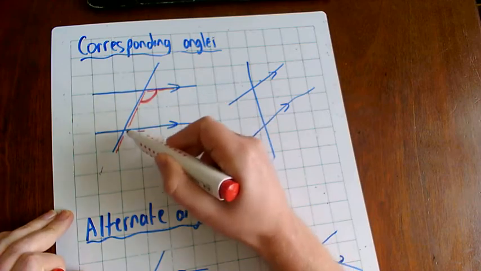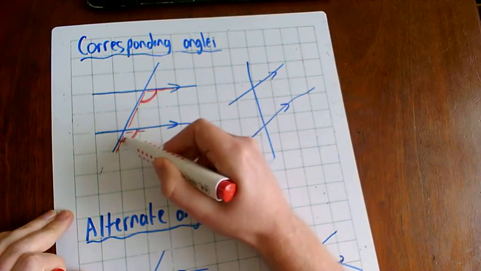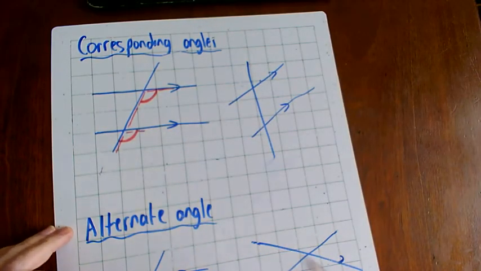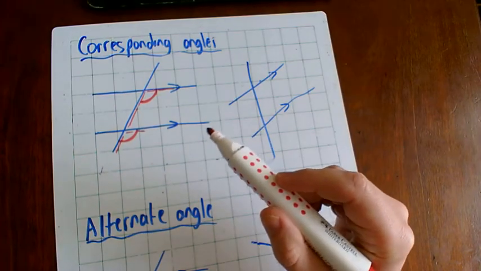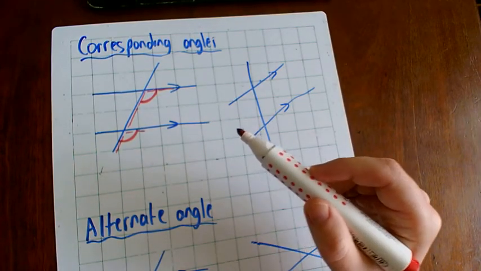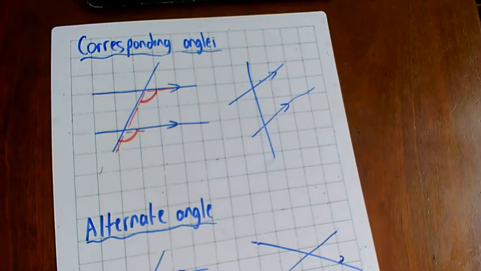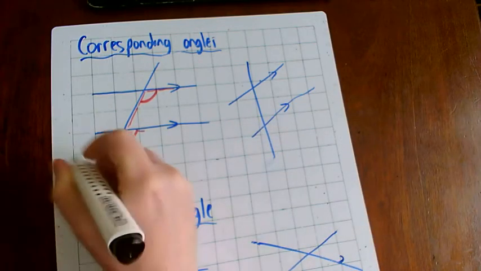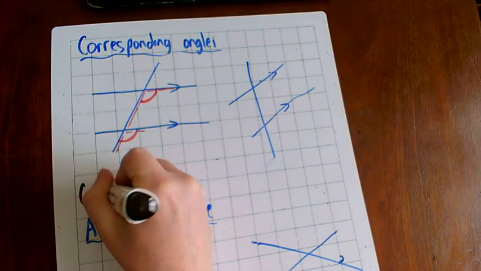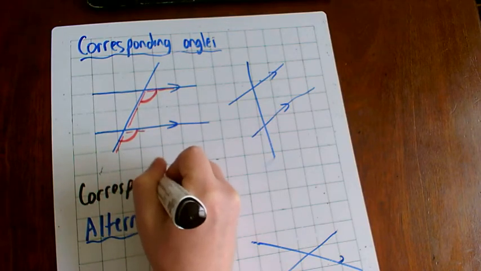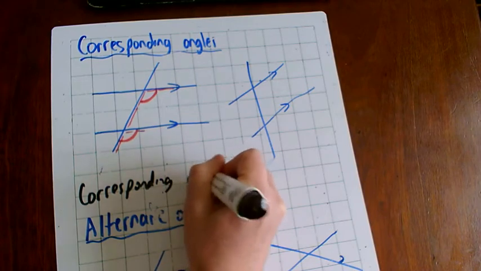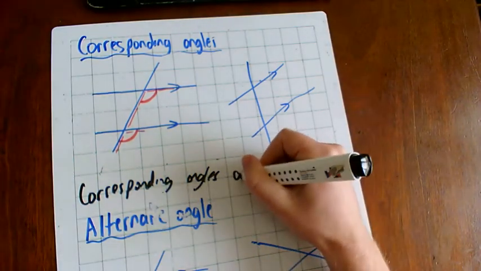This angle and this angle are the same. Sometimes they're known as F angles, but corresponding angles. So I just want you to take down: corresponding angles are equal.